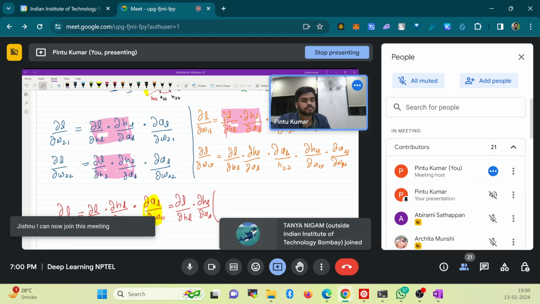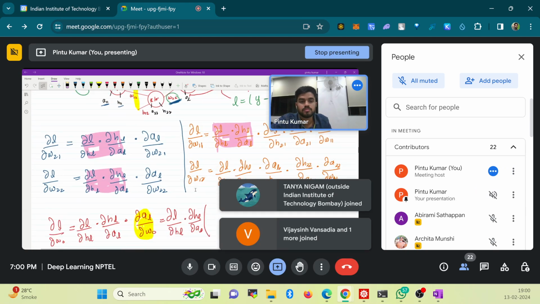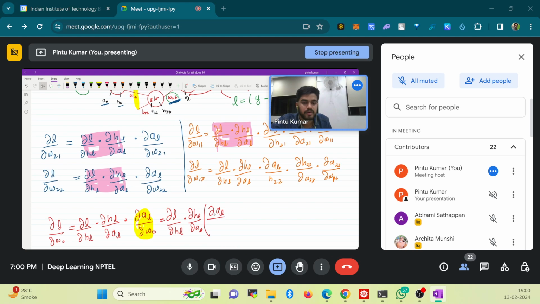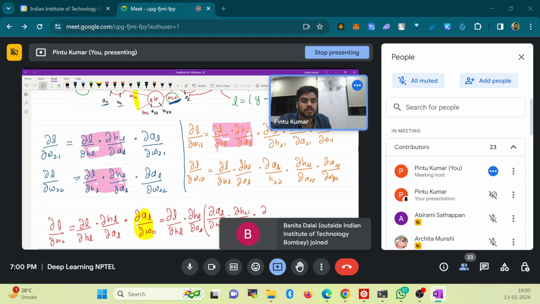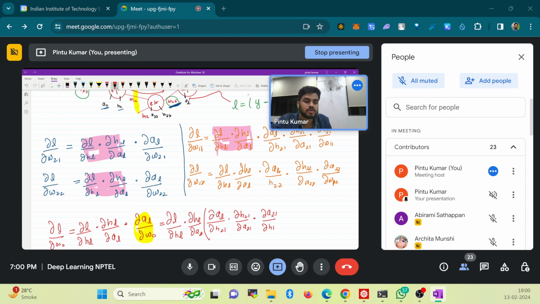Just see if what I'm writing makes sense. This would be del AL by del H21, then del H21 by del A21, then del A21 with respect to del H11, and then del H11 with respect to del W1.